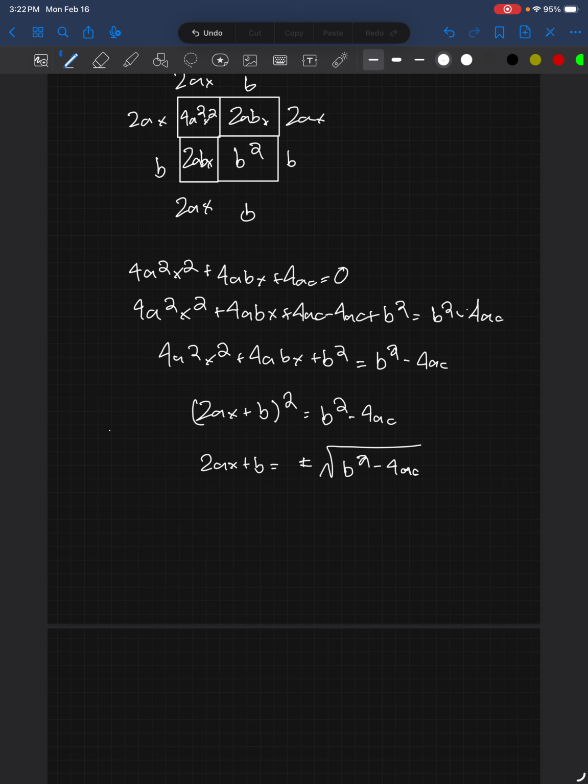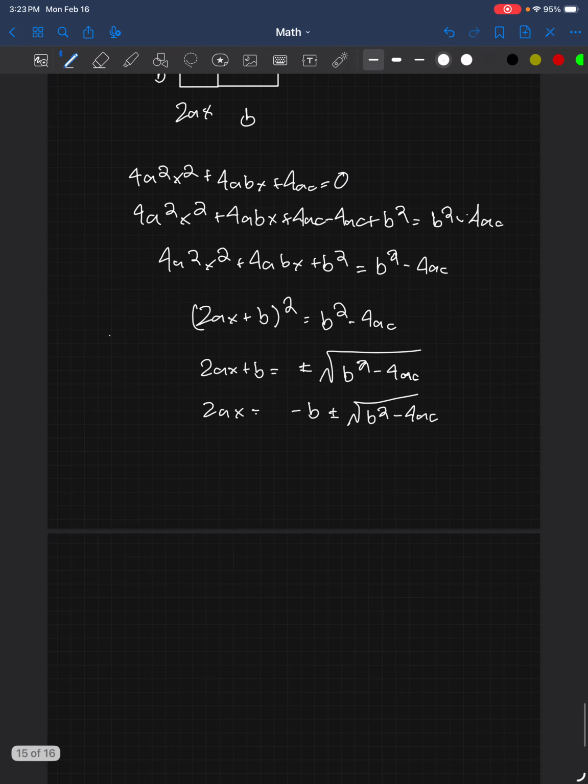We subtract b. 2ax equals negative b plus or minus square root of b squared minus 4ac. And to isolate x, we do negative b plus or minus square root of b squared minus 4ac over 2a.